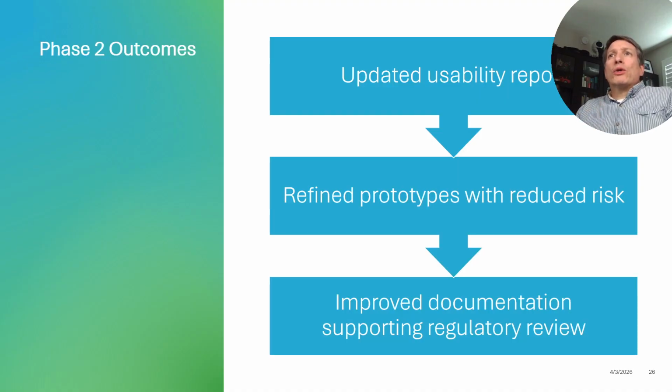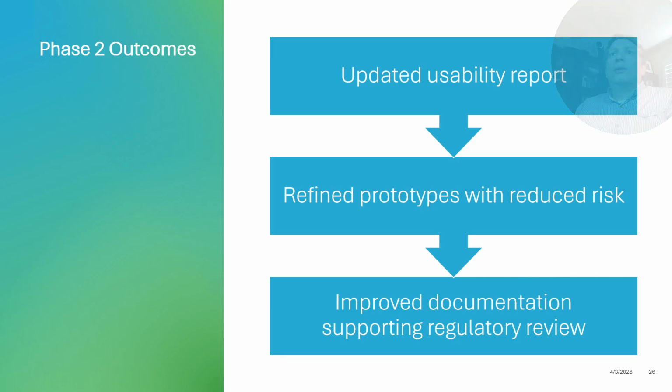Okay, what are the results that we expect from phase 2? Then we update a usability report. Remember, we are analyzing the users, the tasks, the goals, and the interfaces, and in that interface we can say, hey, these are the heuristic findings, these are the cognitive walkthrough findings, these are the scenario findings, and this was the optimization and the improving of the score through the iteration that we have in new prototypes.